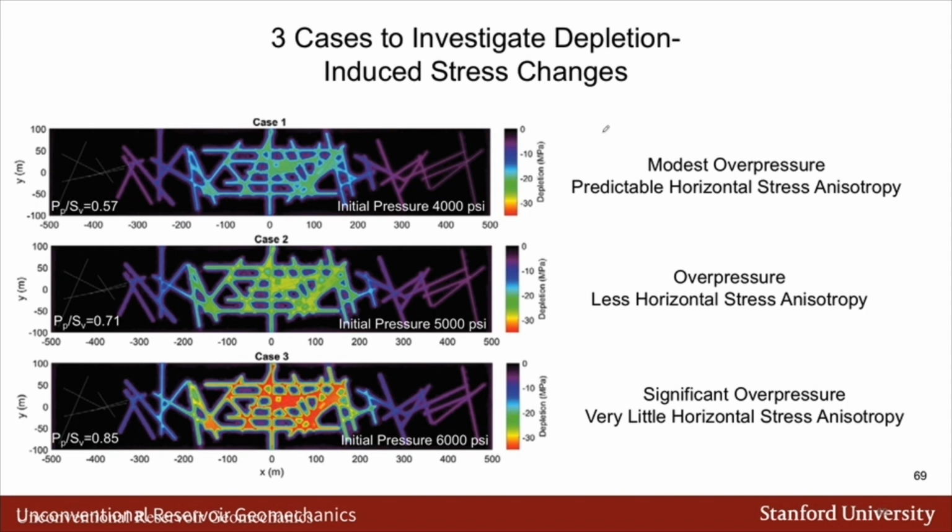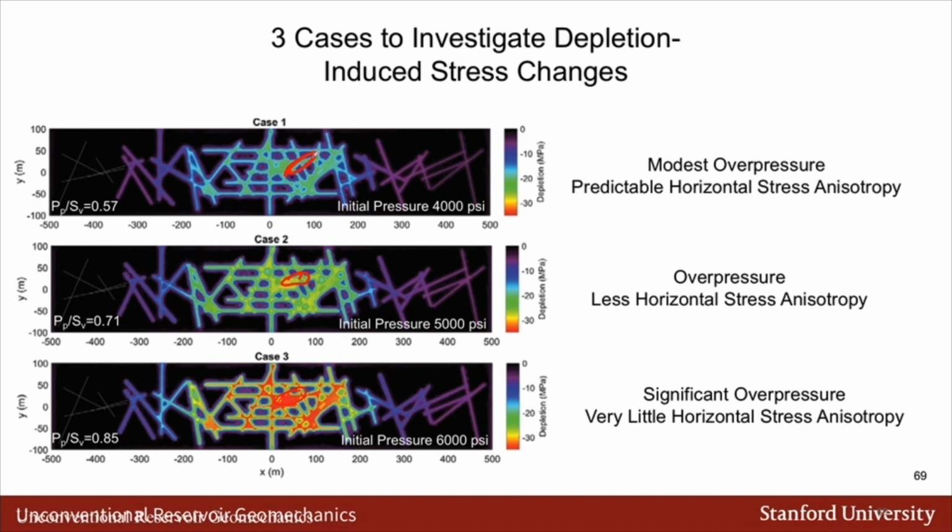The reason for doing this is twofold. One is the larger the initial pore pressure, the more depletion that can occur. So obviously, when we put these wells into production for a couple of years with 1,000 psi bottom hole flowing pressure, we're getting very significant depletion. In the case of the severely overpressured case, we're getting more depletion here, and we're getting less depletion here.